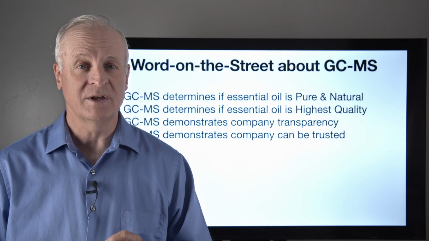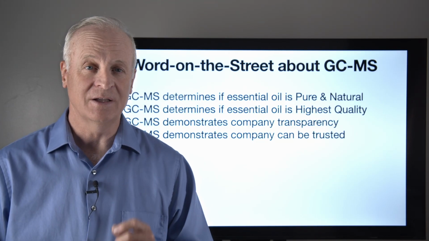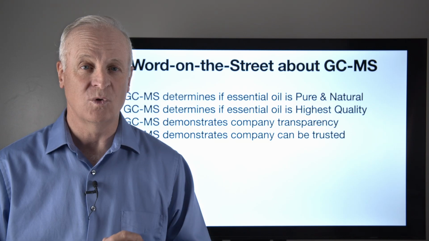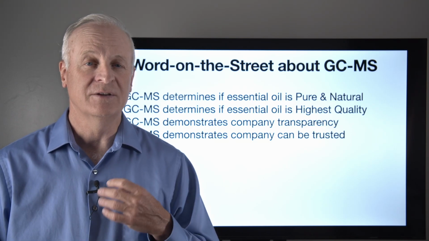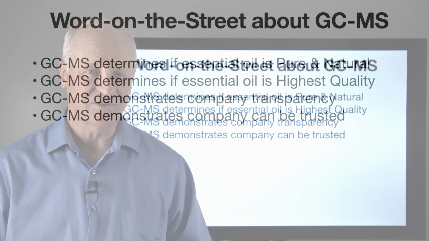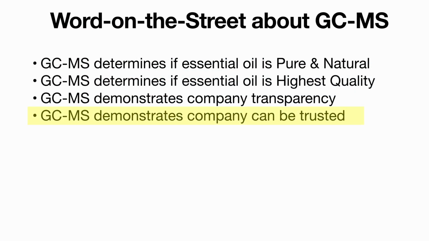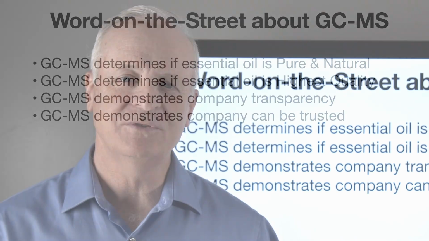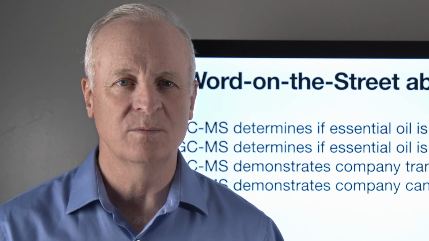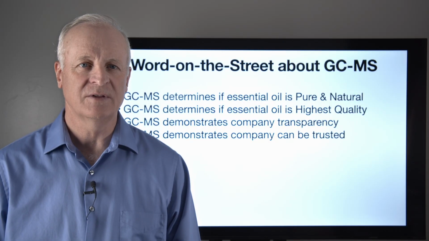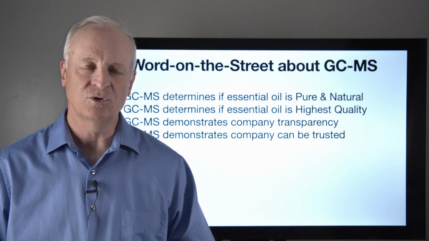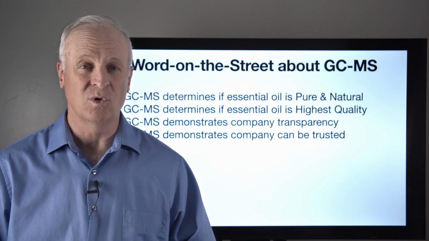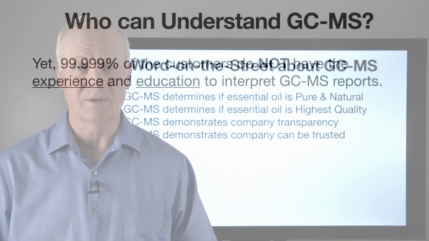Remember, GCMS all by itself cannot tell whether an essential oil is pure or whether it's partially synthetic or whether it's the highest quality. Lastly, the GCMS demonstrates that a company can be trusted. I would say to some degree this is true. To a degree, this is partially true. If the company is showing you information about the essential oil, then you should be able to trust them.